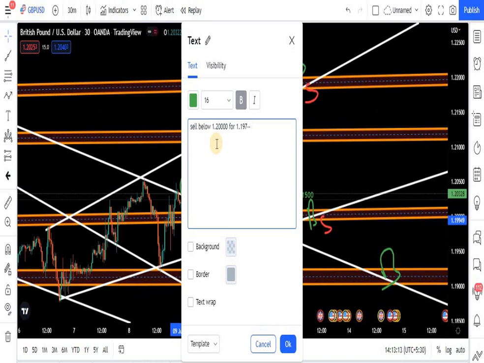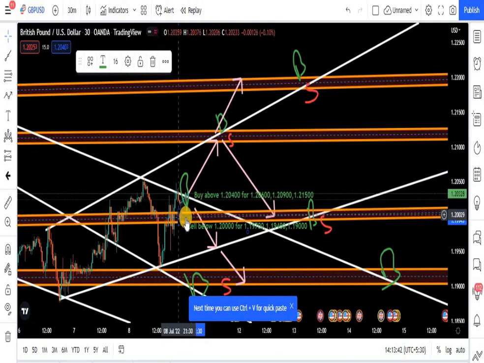Targets 1.19700, 1.19400, 1.1900. So this is a sell area. So these are the levels for next week.